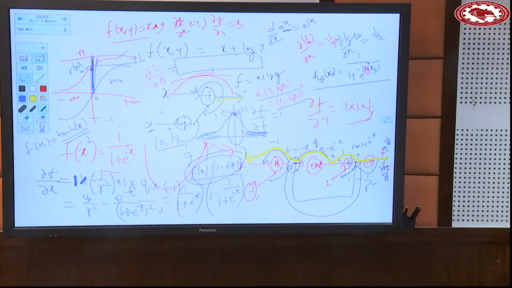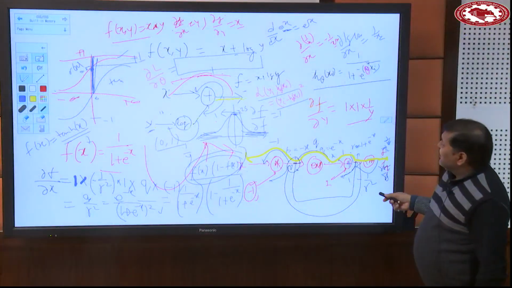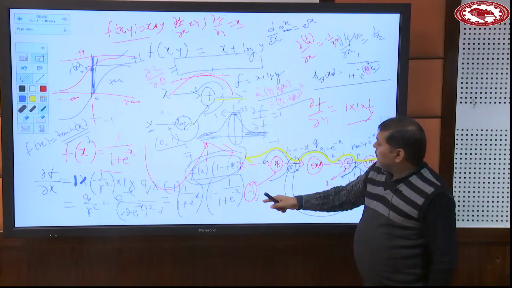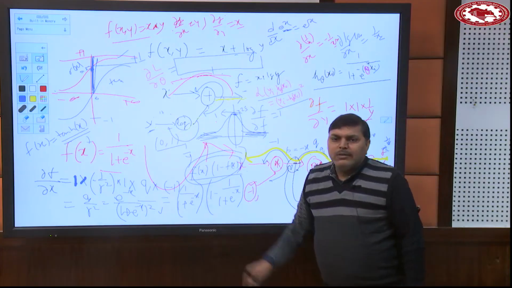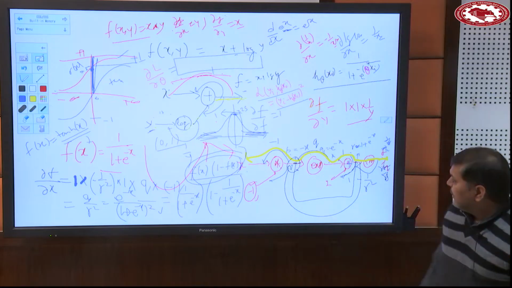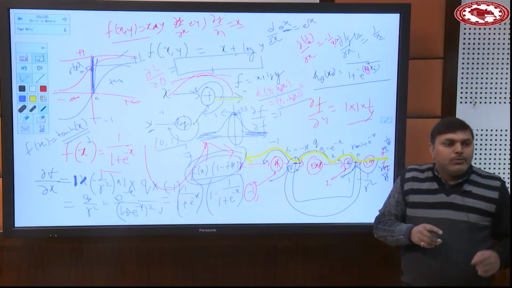Just design the computation graph quickly. You will follow the same steps that you made here. The only thing is that here you have to multiply with -1, so one step back you have to come. Just add a multiplication operator, and you have two inputs.